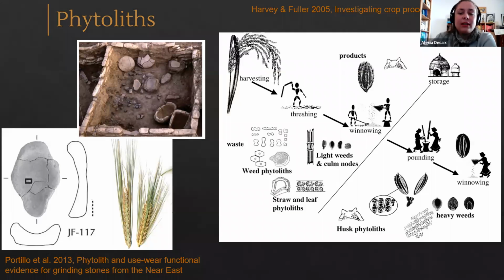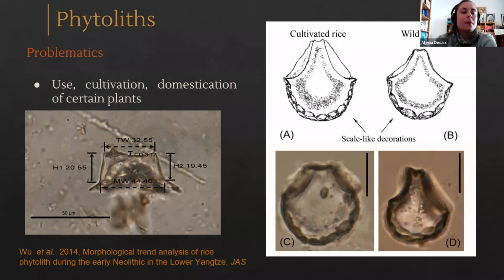Each stage leads to the production of different parts of the plants. The main desirable product would be the grain, whereas the stem and the leaf will be discarded. And since they produce different phytolith morphotypes, the composition of the assemblages can help to identify the different cleaning stages of the samples.